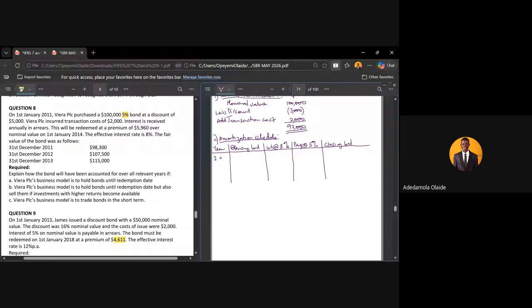So for year 2011, the opening balance is 97,000. Interest at 8% will be how much? That's 7,760.